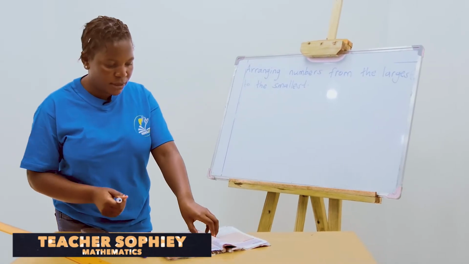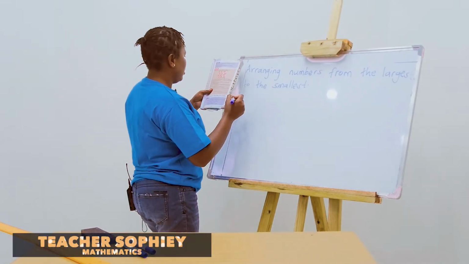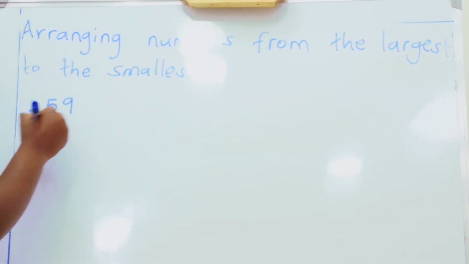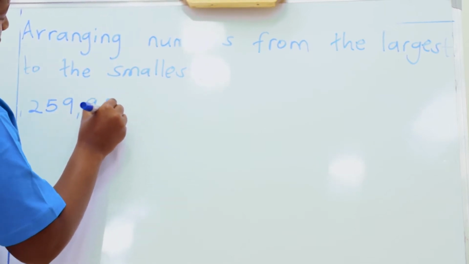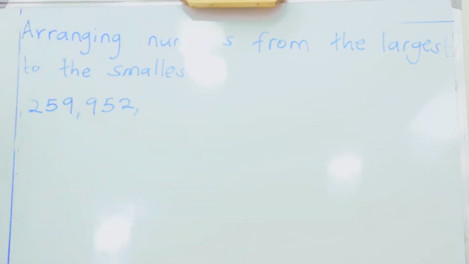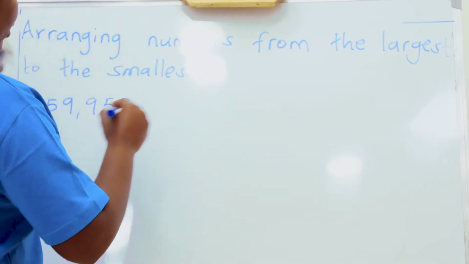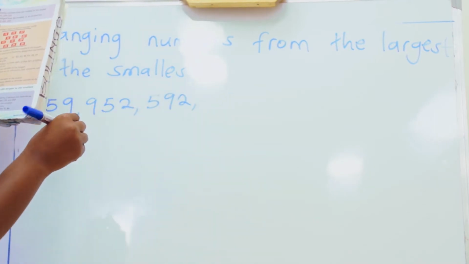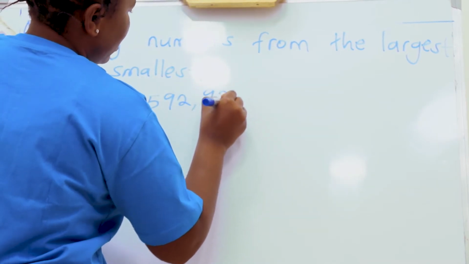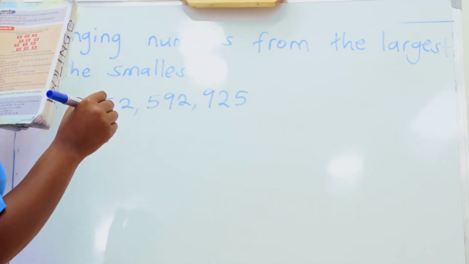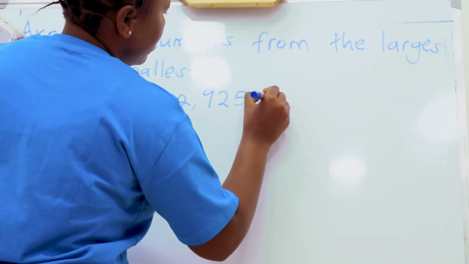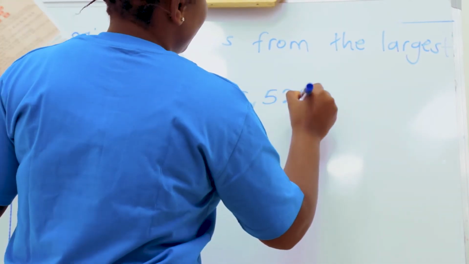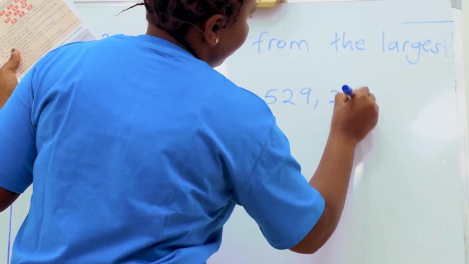I have these numbers here: 259, 952, 592, 925, 529, and 295.